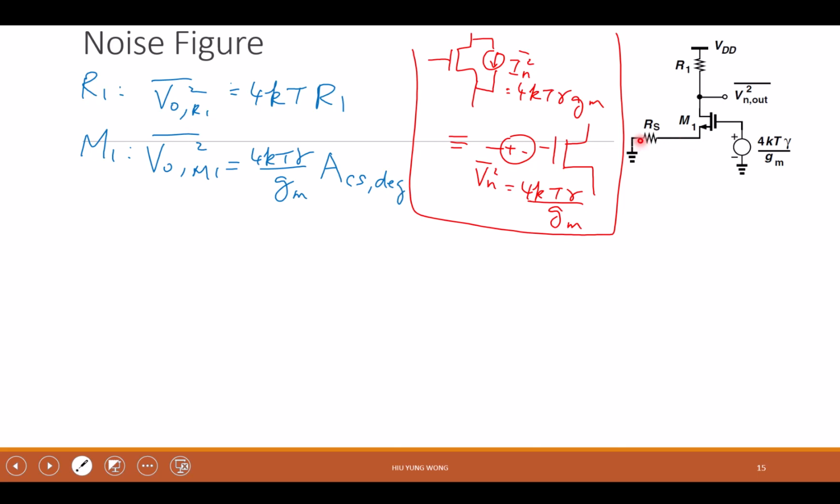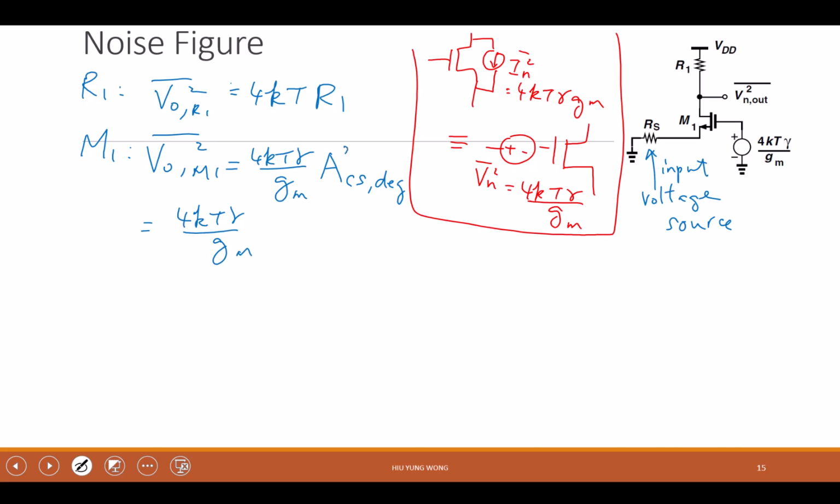Because I have the source voltage, a source resistor, right? When I try to find the noise, I need to short the input. So this comes from the source, the input voltage source. It changed my gain, and I just told you earlier what the gain is.